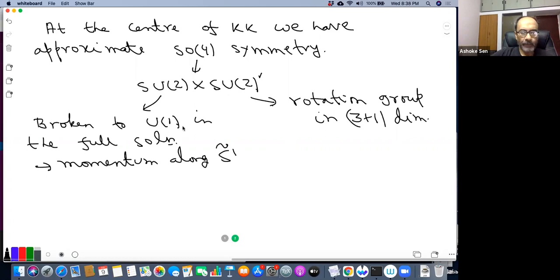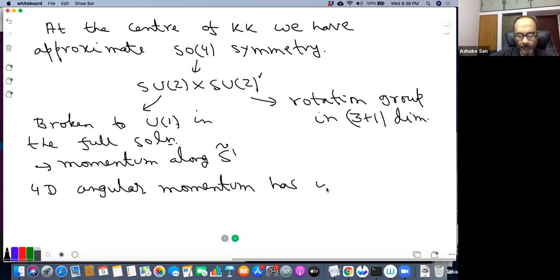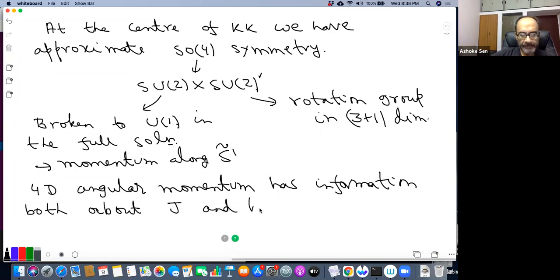One of the consequences of this is that if you place an object at the center of Taub-NUT, then the 4D angular momentum has information about both J and h.